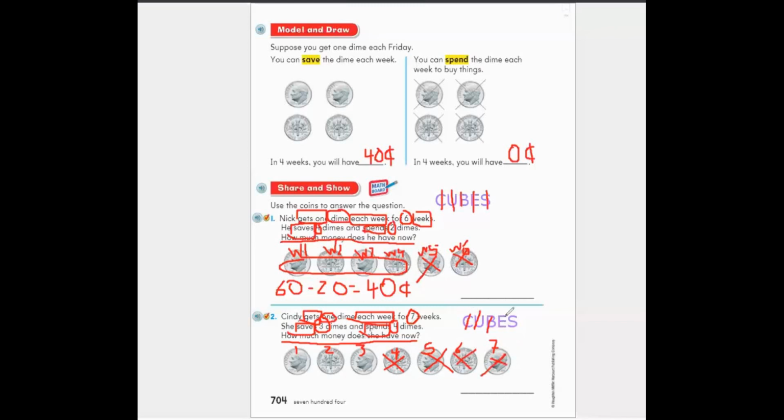The question is, how much does she have now? So it was 70 cents or 7 dimes minus 40 cents or 4 dimes. 70 minus 40 is 30 cents. This is the correct answer. Okay?